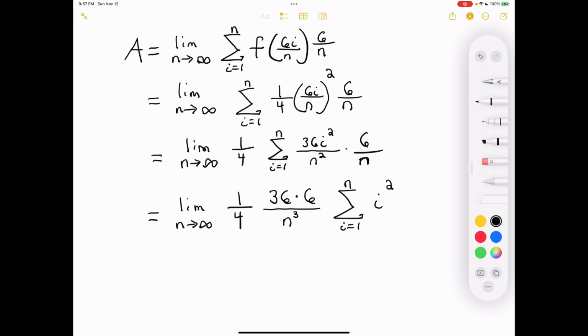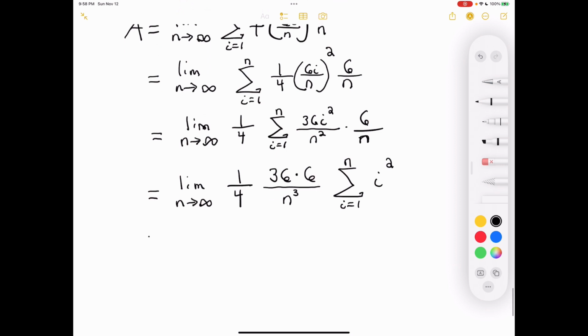Okay, and at this point, you should see that we're at the point where we have a summation from i equals 1 to n of i squared, which, if you remember from the last video, we have that nice formula that tells us what to do in this case. And here it is.